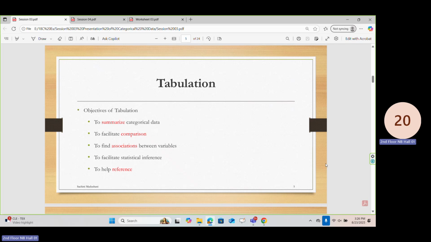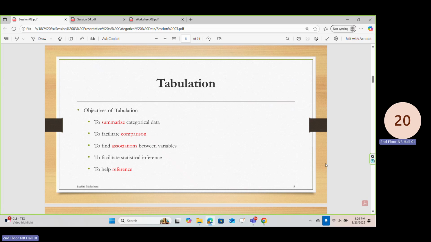The next one is, using the tabulation format, we can identify association. It means we can identify whether there is any relationship between the variables. The next one is to facilitate statistical inference and to help reference. Normally, when we run a statistical test using software, all the output is given in tabulation form.